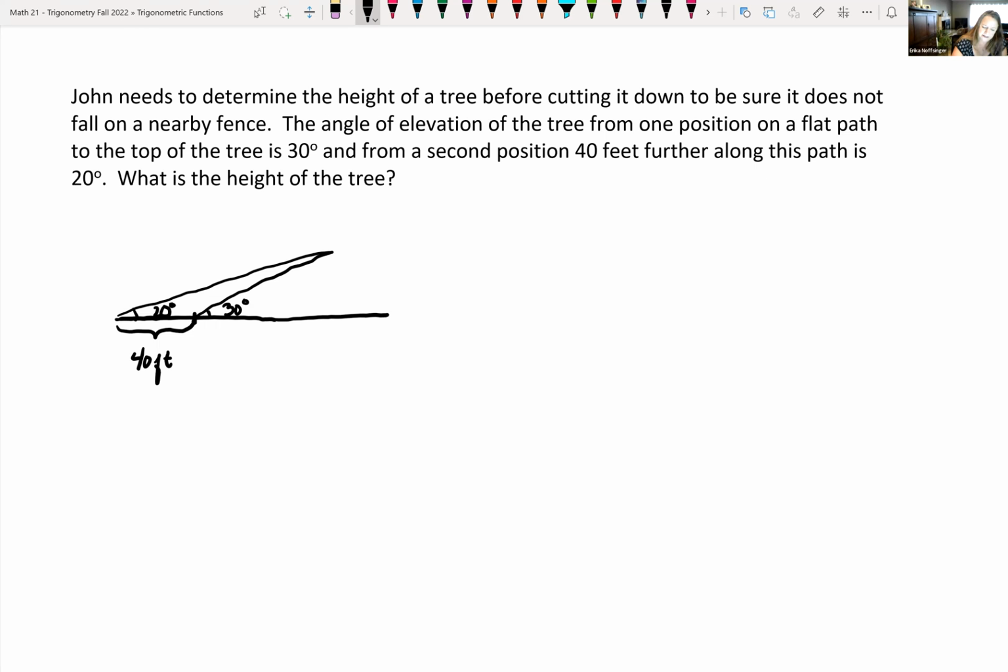And we want to know how high this tree is.